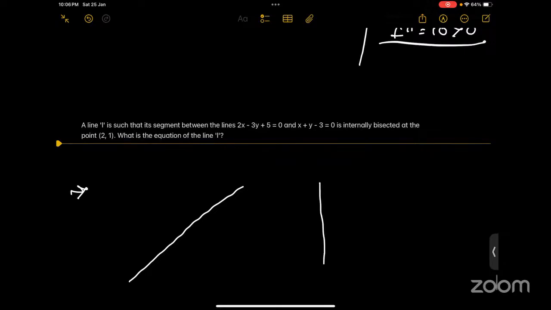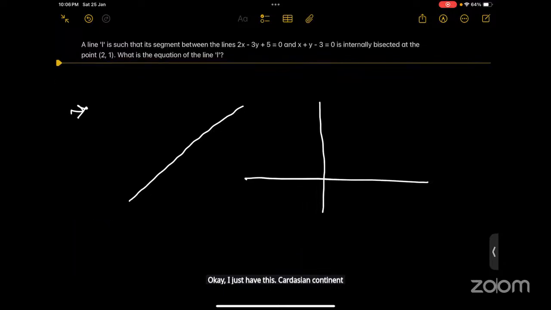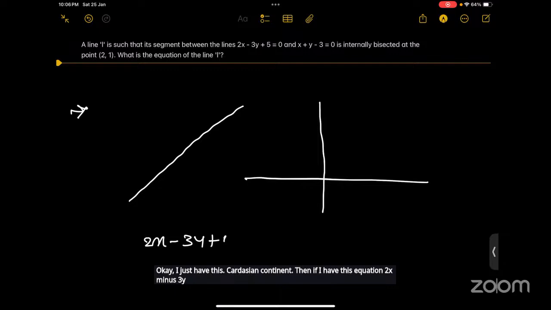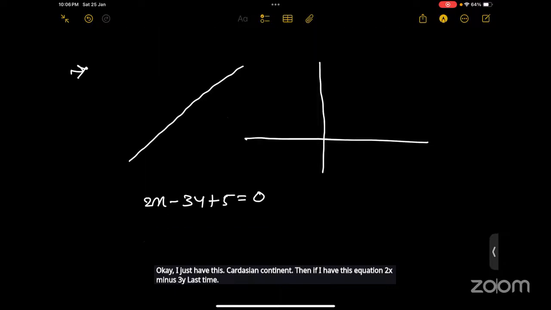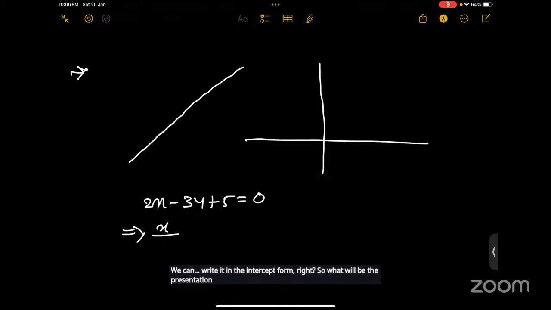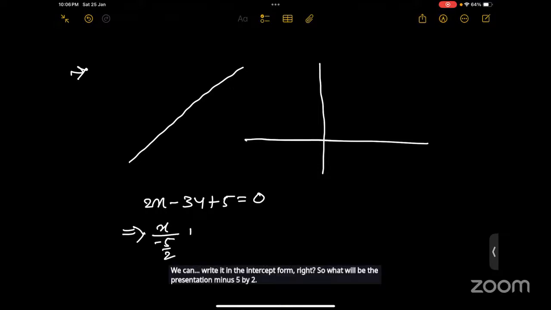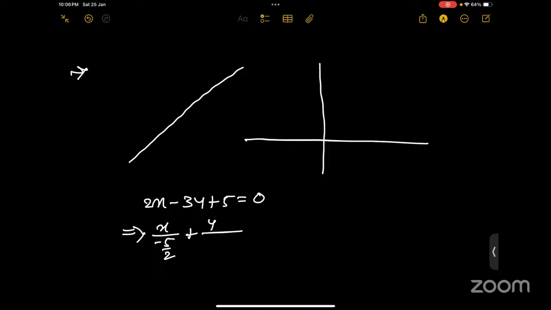If I have this Cartesian coordinate, and this equation 2x minus 3y plus 5 equals 0, we can write it in the intercept form, right? So what will be the representation? x by minus 5 by 2 plus y by 5 by 3 equals 1, right?